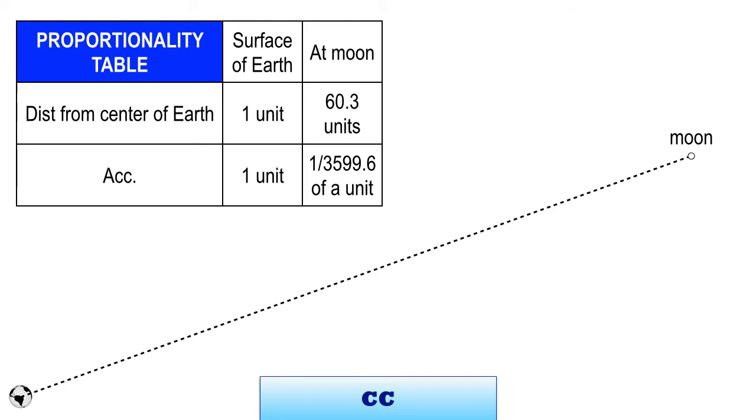And if you have 1 unit of acceleration, 1 g, at the surface of Earth, then the acceleration over here would be 1 over 3599.6. So that, again, is pretty close to 3,600 in the denominator. So that's a small fraction of the actual acceleration. And just to reinforce, that's about 1 over 60 squared.